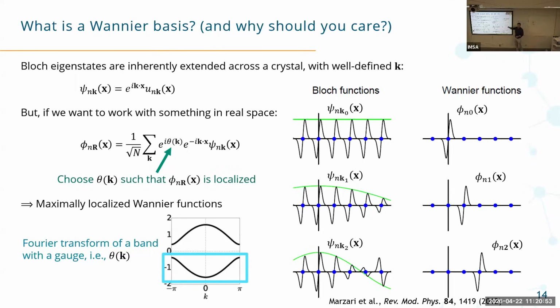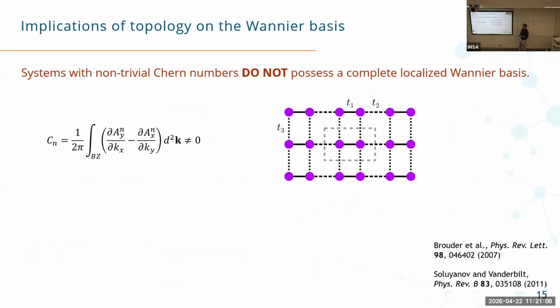And so these are, of course, not eigenfunctions of your Hamiltonian, but if you want to think about electrons as marbles, this is what you should be thinking about. And the reason that this is useful is it lets us invert the understanding of topology. So rather than saying systems with a non-trivial Chern number do not possess a complete localized Wannier basis, so if I have this non-zero Chern number and I try and find all those maximally localized Wannier functions, I'll just be missing some. My basis is incomplete.